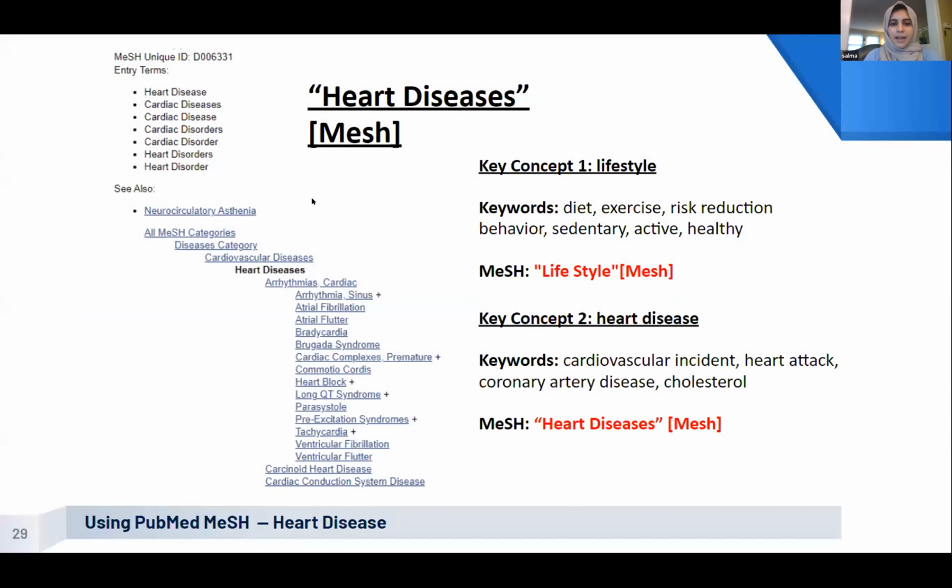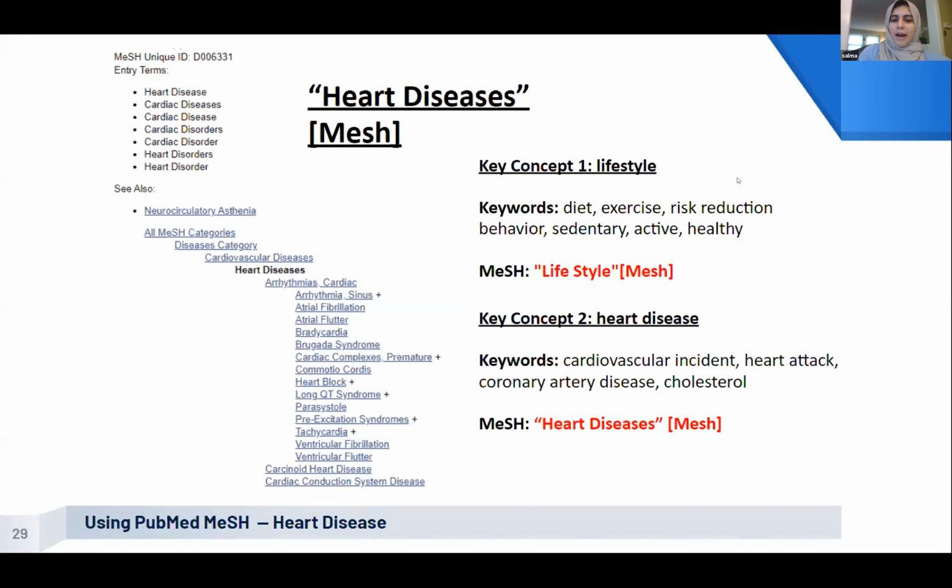To get a sense of what MeSH really means, this is what will come up when you look for the MeSH for heart disease. There's a bunch of words that we would have missed had we just gone with our initial synonyms or just used heart disease. There's cardiac disorders, arrhythmia, all of these things that PubMed will include.